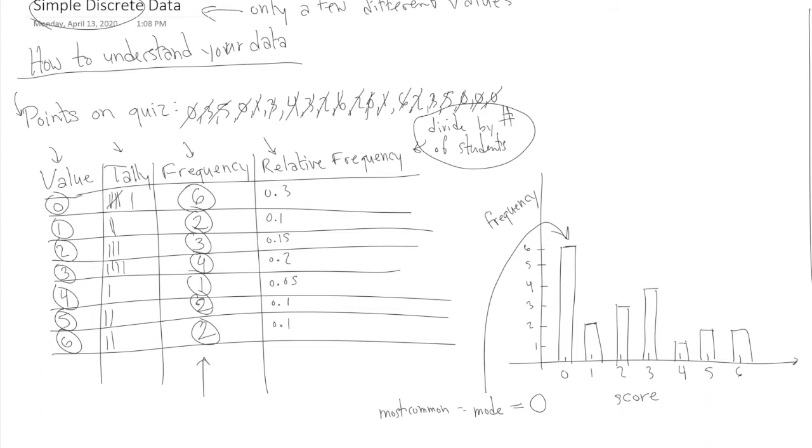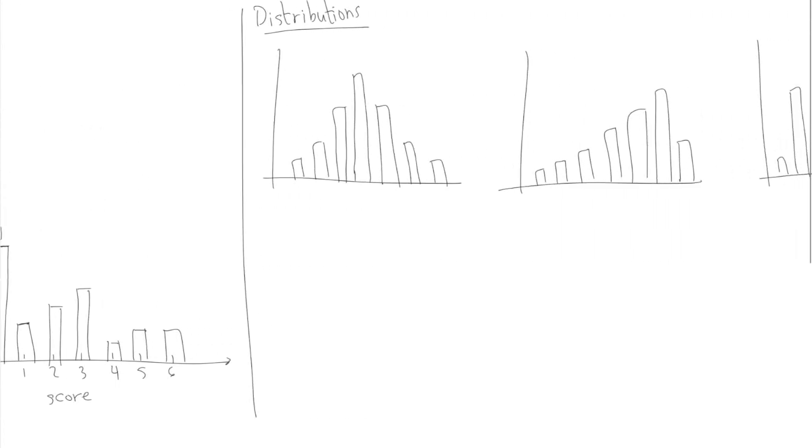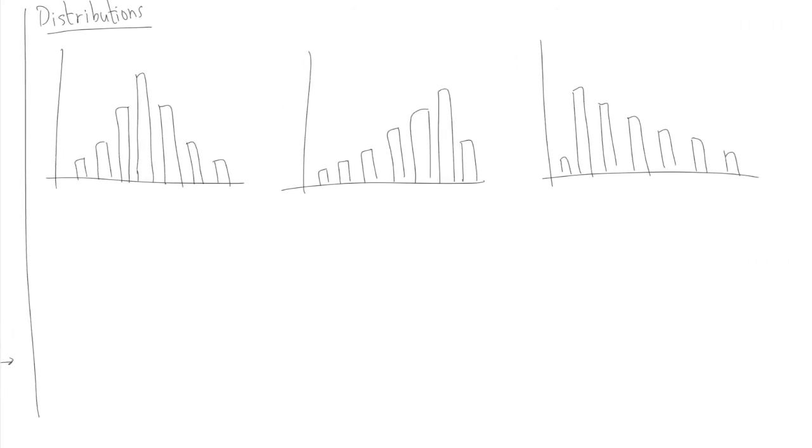So, looking at distributions here, this is looking at how the data could look, and these are sort of special cases, but a lot of things in real life do fall into these categories. I drew 3 different possibilities. We're going to sort of smooth it out, and the first one looks like this. It's not perfect, but from the mode, which is in the center, going left or right, it's the same.